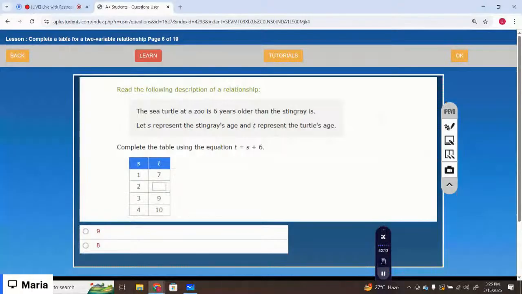That is 2 plus 6 is 8. Option number 2 is the correct option.